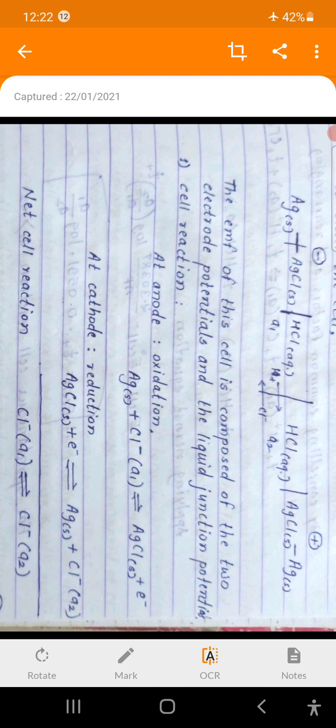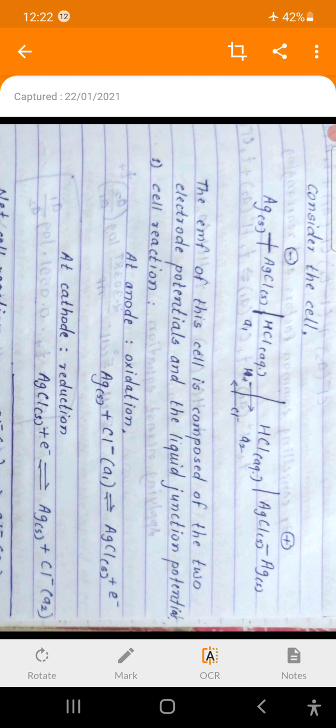Consider the electrode reactions. At the anode, oxidation: Ag solid is converted to Ag plus plus 1 electron.